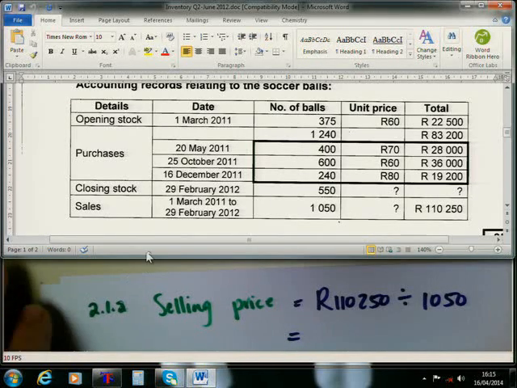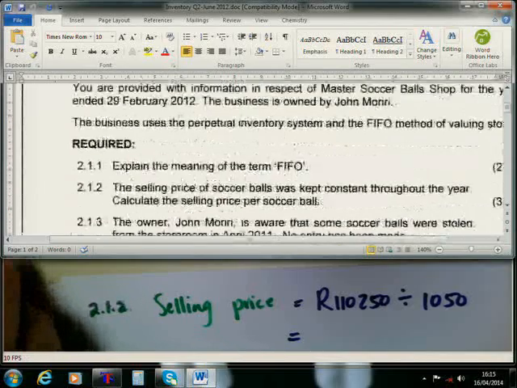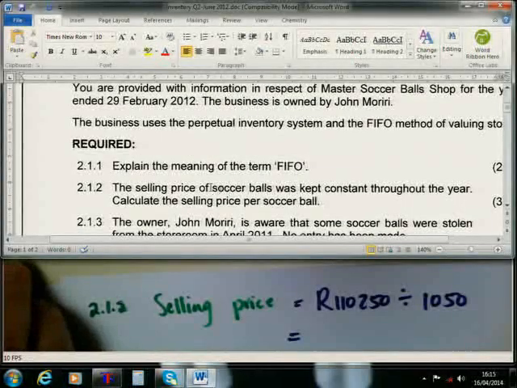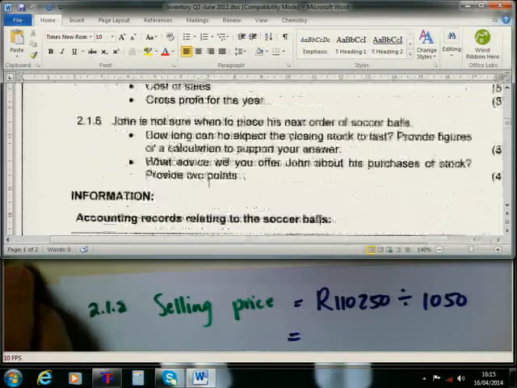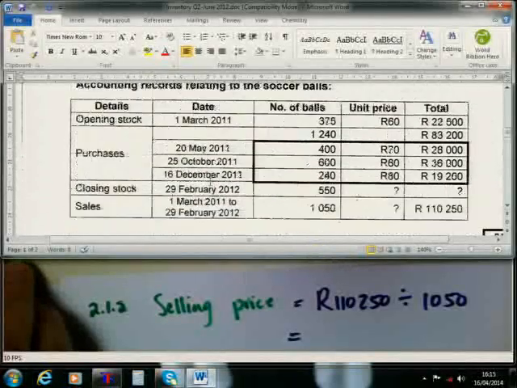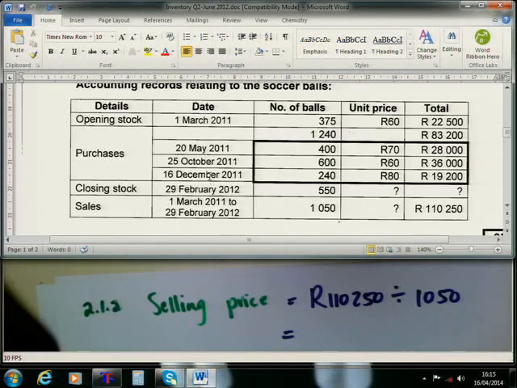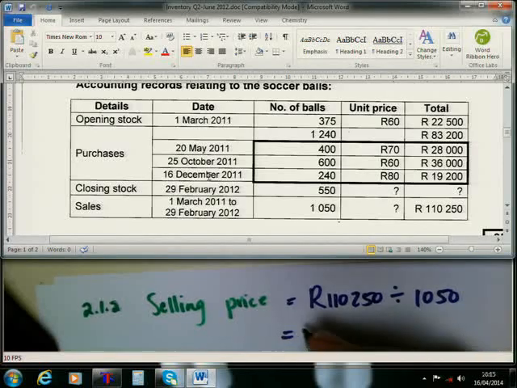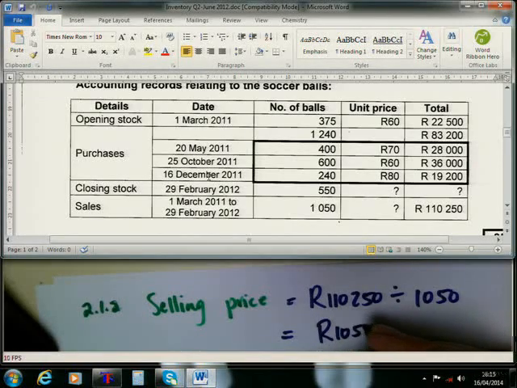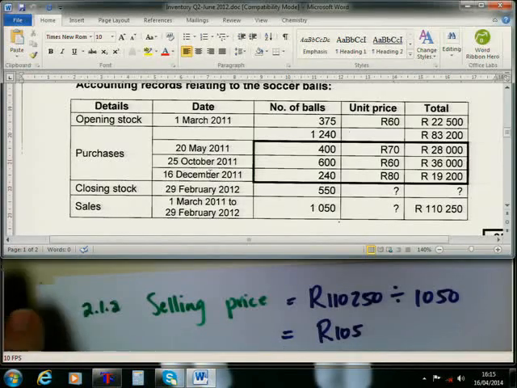Remember, they mentioned that the selling price of soccer balls was kept constant throughout the year. So we say the total sales was 110,250, and we sold 1050 balls, and that gives us a selling price of 105 Rand per ball.